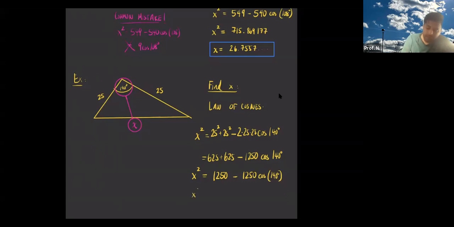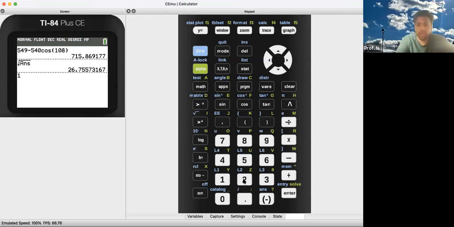So I have to use my calculator for this. What does my calculator say here? I get 1250 minus 1250 cosine of 140. And then I press enter and I get 2200.55 dot dot dot.